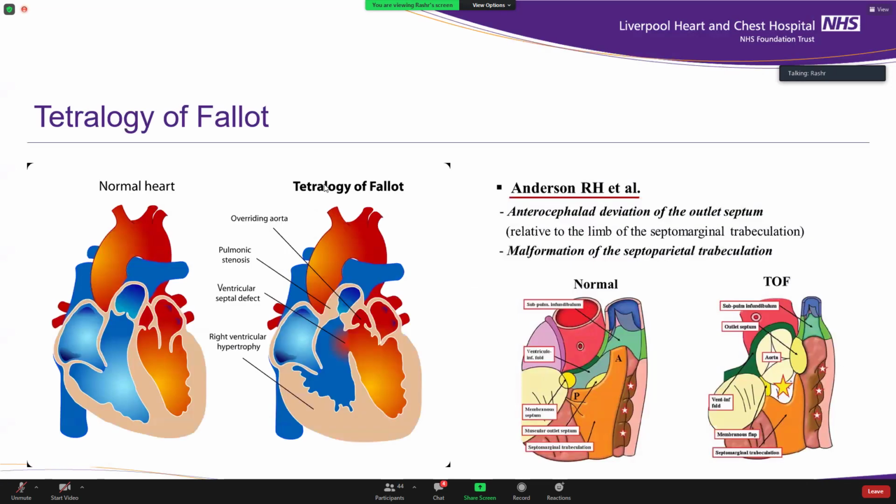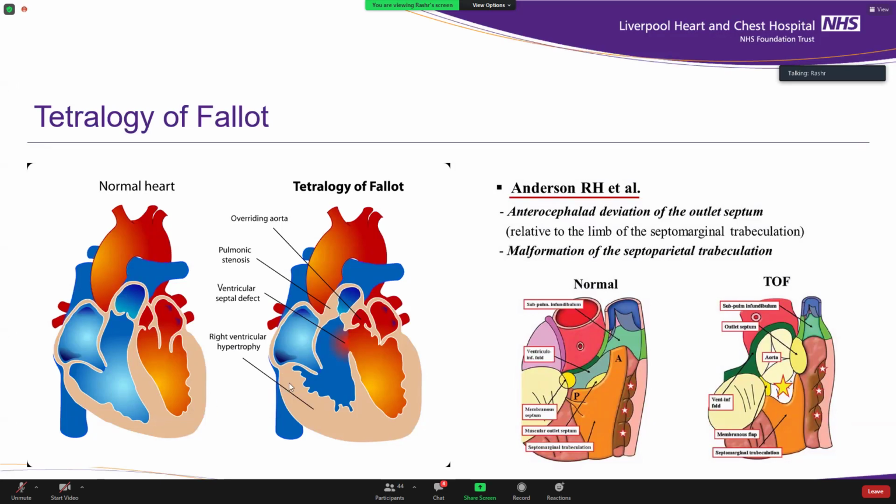Sorry. Next is Tetralogy of Fallot. And I've just put up a few pictures there of the structure to remind us. And I think if you look at Bob Anderson's slides on the right, it's quite nice at illustrating that Tetralogy of Fallot at its core is just caused by movement of the outlet septum.